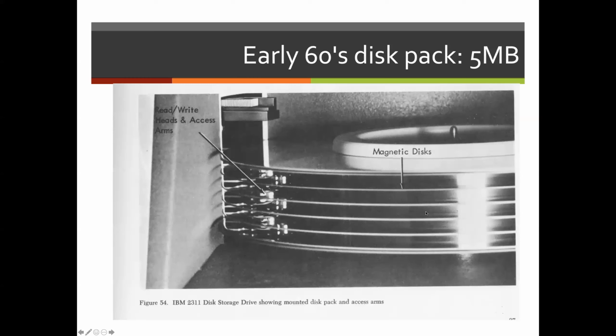So if we recall in history in the early 60s, the disk pack was around 5 megabytes. You had your read, write heads, and access arms, and they were magnetic disks. And so this is from the IBM 2311.